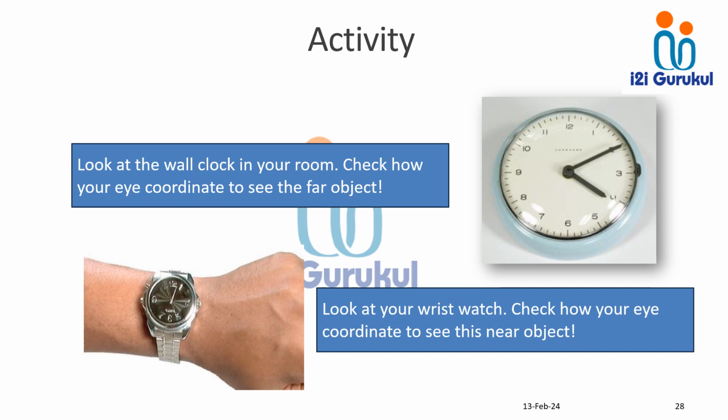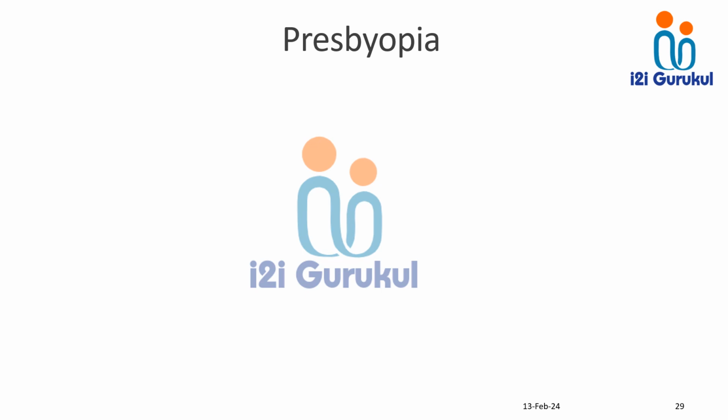So you can just check how distance objects and near objects are seen clearly. The quick movement from distance to near to distance happens because of the contraction and relaxation of the ciliary muscles, and that process is called accommodation. Okay, so moving towards presbyopia.